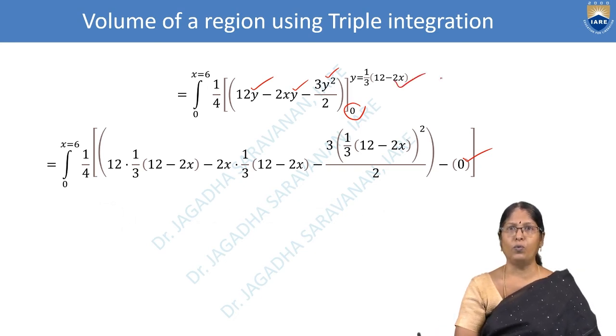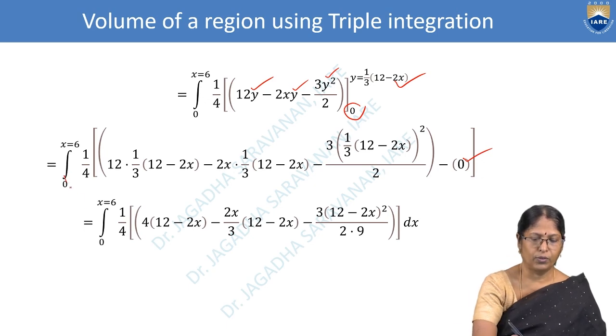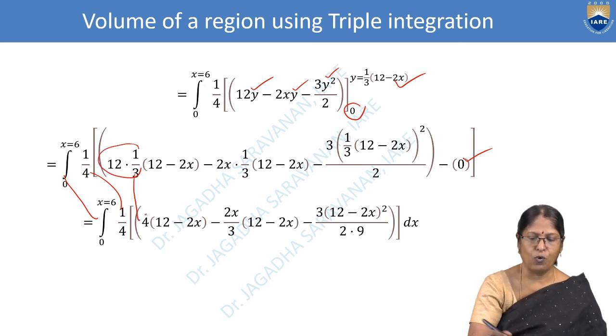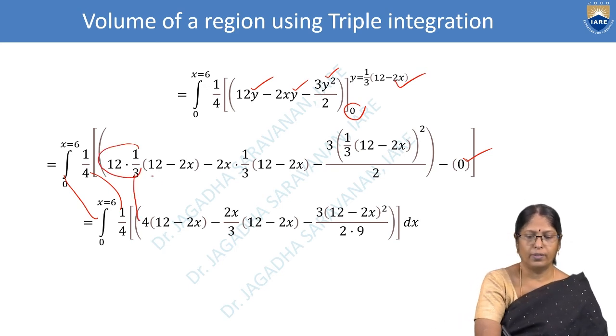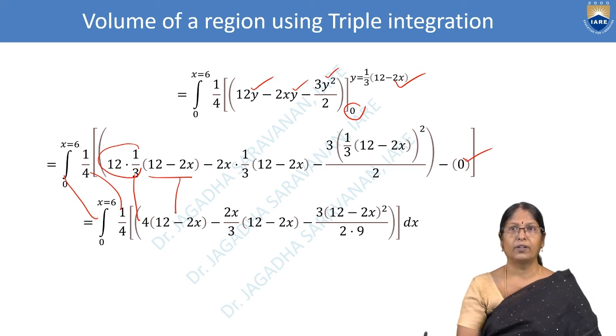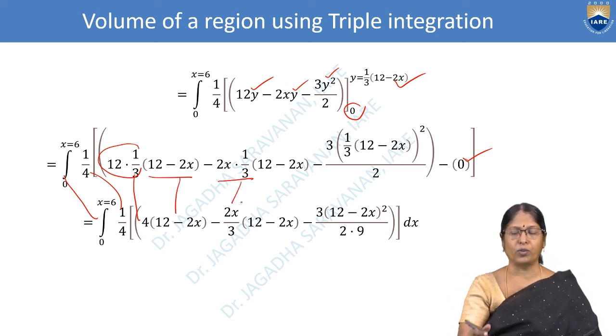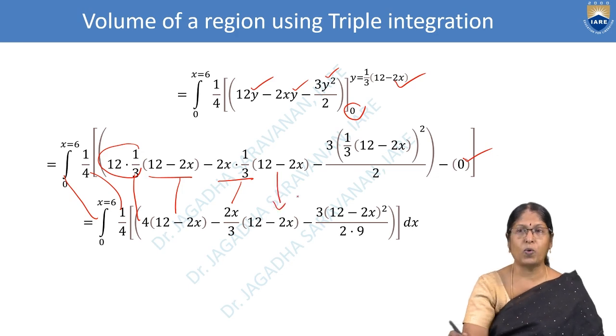We can see now. This and this as it is, it has become 4. This term as it is, put together it has become minus 2x by 3. And this is 12 minus 2x.